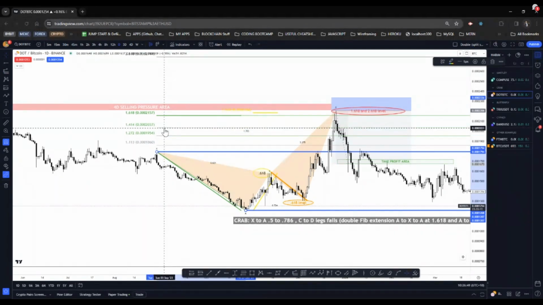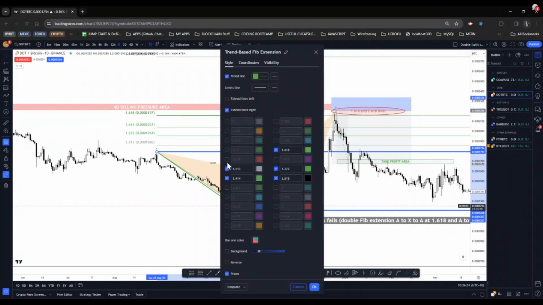You need to select them manually, so select 1, 1.13, 1.414, 1.618, 1.272, and 2.618. These are the key Fibonacci extensions which we are going to use for the crab and for the butterfly, which is the next pattern we're going to use, and also for the cipher.